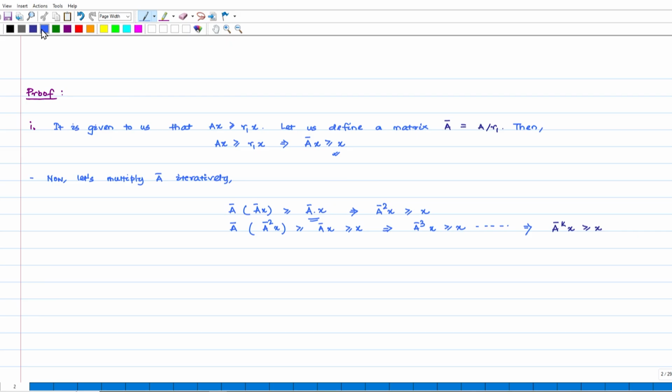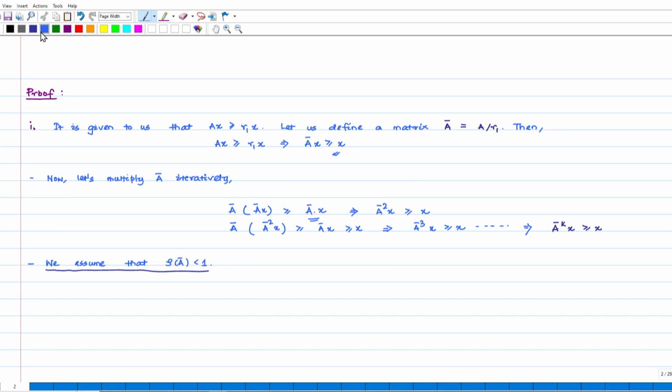Okay. Now, in order to proceed with the proof, let us make a small assumption. We now assume that the spectral radius of A bar is less than 1. This is an assumption that we make.